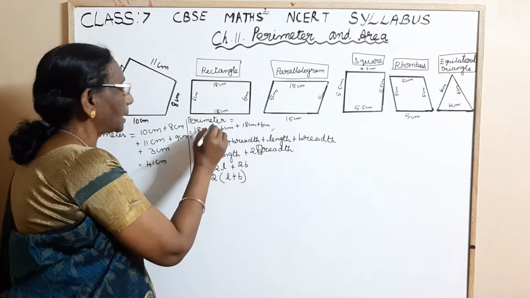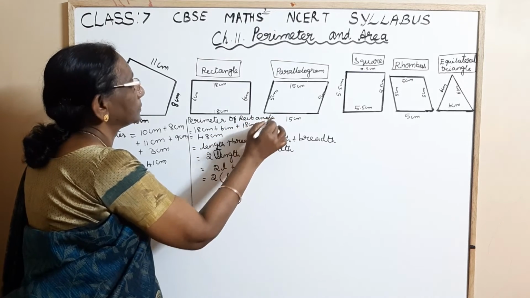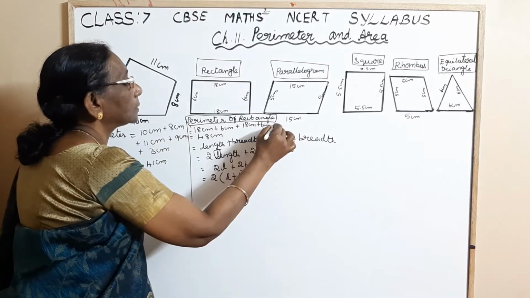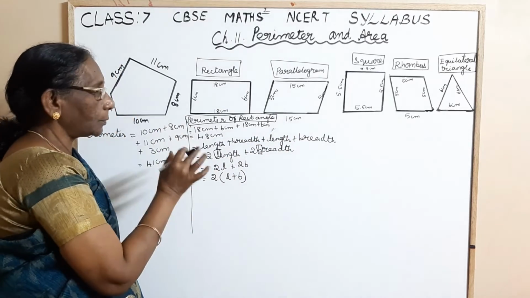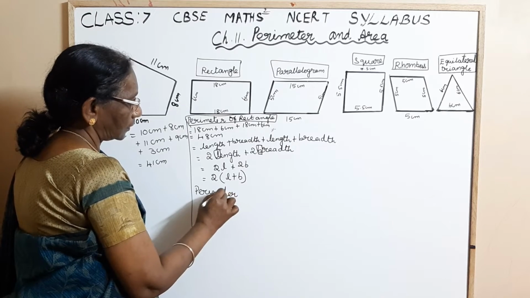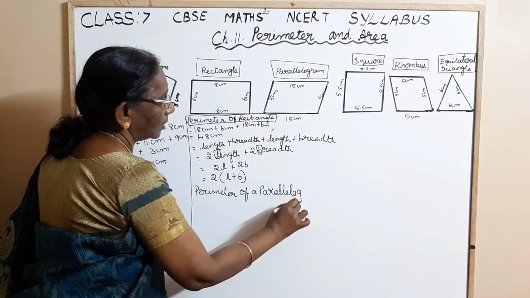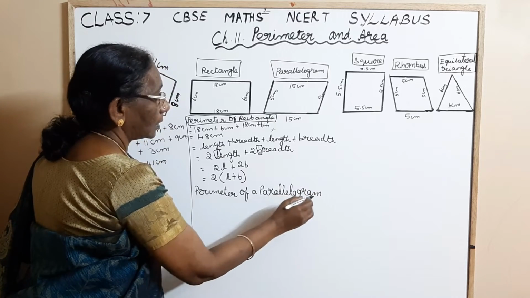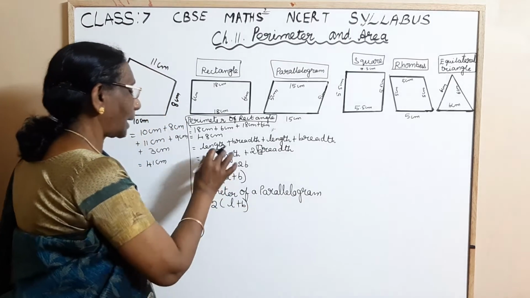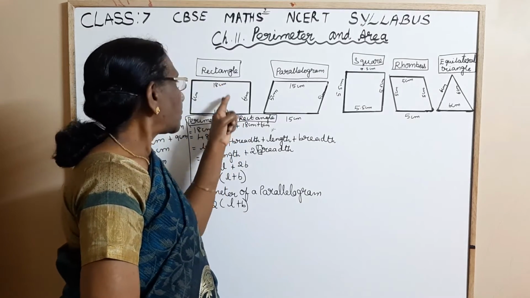So the perimeter of a rectangle is what, children? 2 into L plus B. The same way, the perimeter of a parallelogram is also 2 into L plus B. The same formula for both, because the opposite sides are equal.